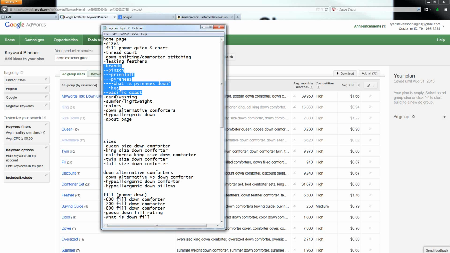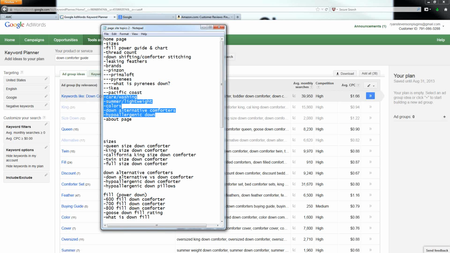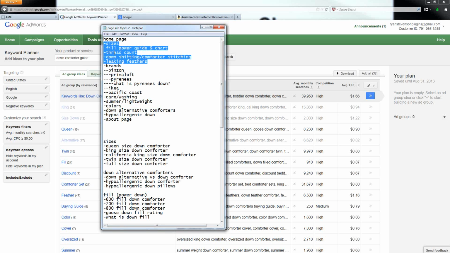Now, I'm quite all right with this, except for the fact that all of these other pages of the site, these 5 down here, and then these 5 up here as well, in addition to the brands page, so that's 11 total pages that are essentially planned to be grouped under this home page. And I think that might be a few too many pages to be covering each of them individually on the home page of my site.